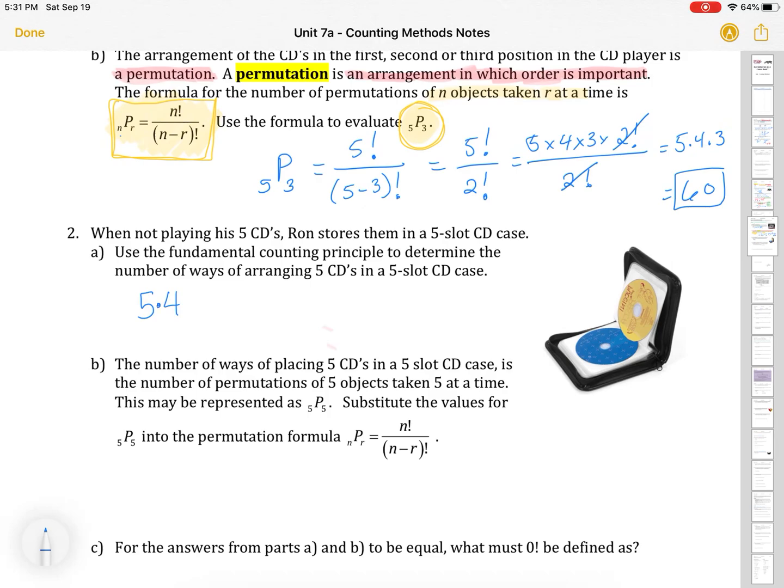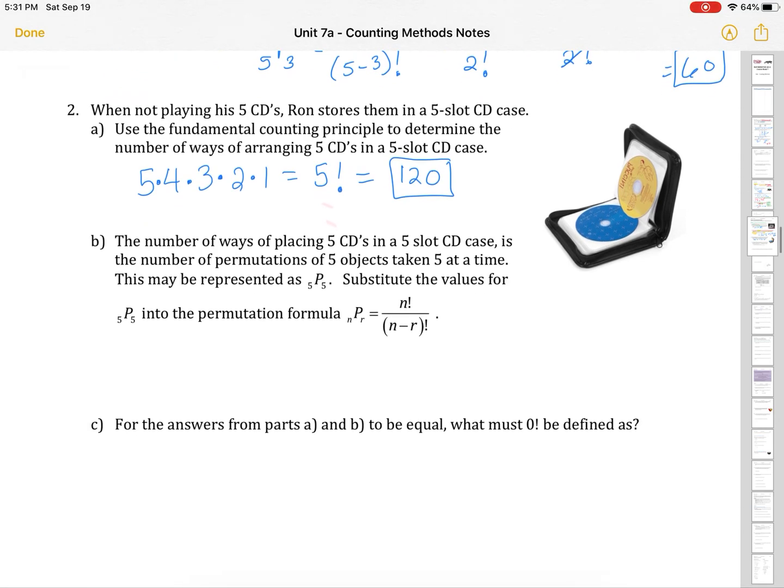We have 5 to choose from in the first one, then 4, then 3, then 2, then 1. That's basically equal to 5 factorial. So you can use your calculator there, or you can multiply 5 times 4 times 3 times 2 times 1. So he has 120 different ways that he can arrange them in that CD case.